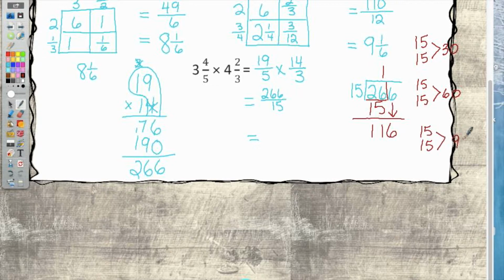So I could add another 15, and what would I get? 90 plus 15, 105. So that's how many 15s? 6 plus 1 more, 7. So my answer to this one, boys and girls, 17 and 11 fifteenths. So that's the goal, to be able to do that on your own, okay?